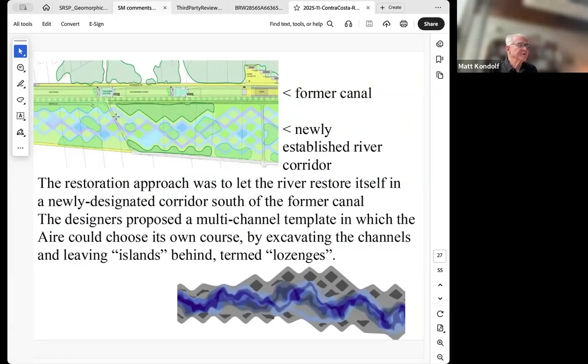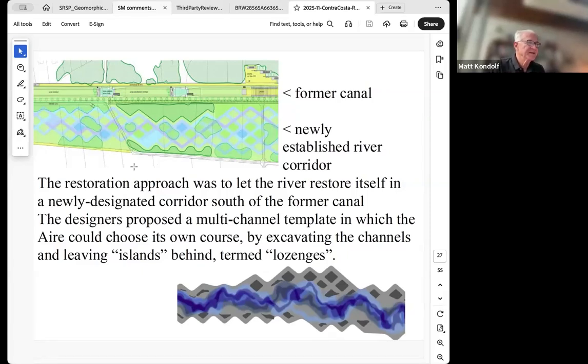So they made this proposal and it was approved that they would get a 200-meter wide corridor to the south, cutting into the agricultural lands down here. And so they were able to let the river utilize this corridor area to create its own channel.